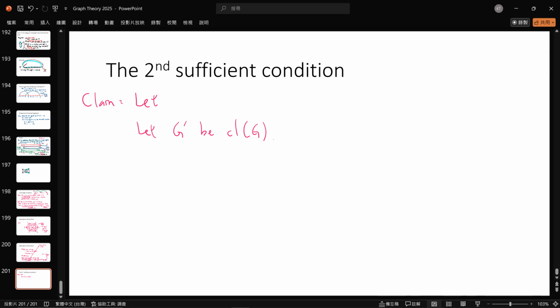Okay. So d1, d2 up to dn are the degrees, and we assume that d1 is the smallest degree, and dn is the largest degree.